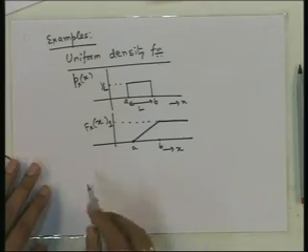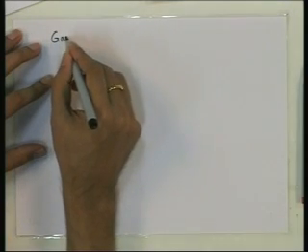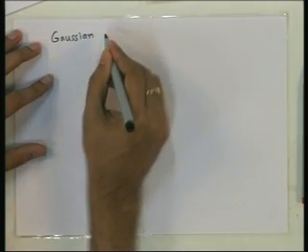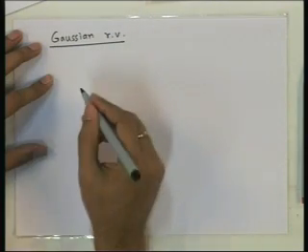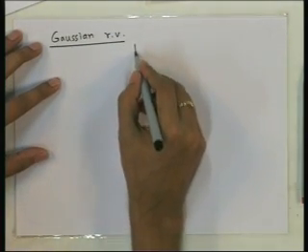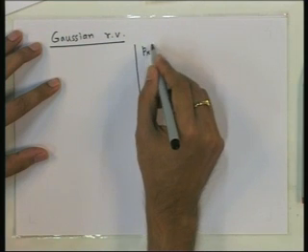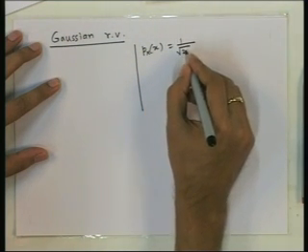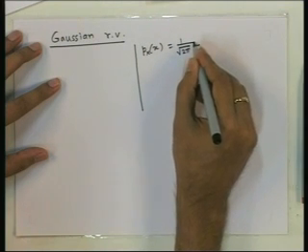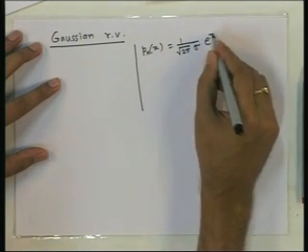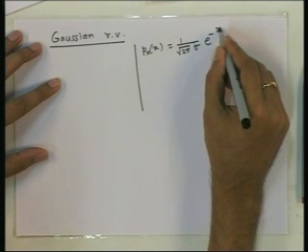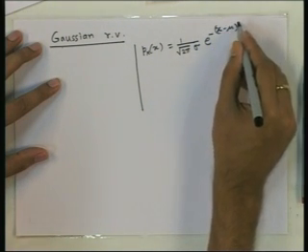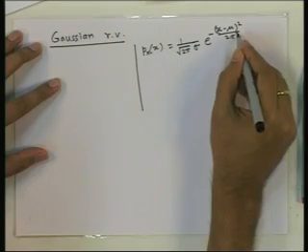Okay. Now, let us take another example which is very important in this course, the Gaussian random variable. For a Gaussian random variable, the density function is 1 by root over 2 pi sigma, e to the power minus (x minus mu) whole square by 2 sigma square.